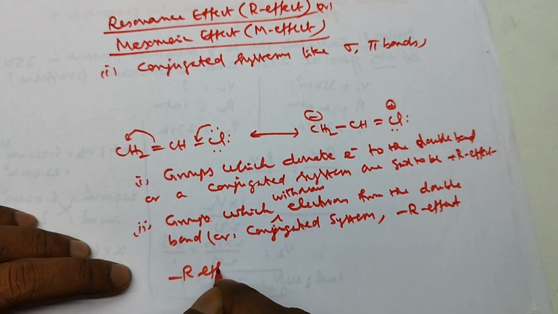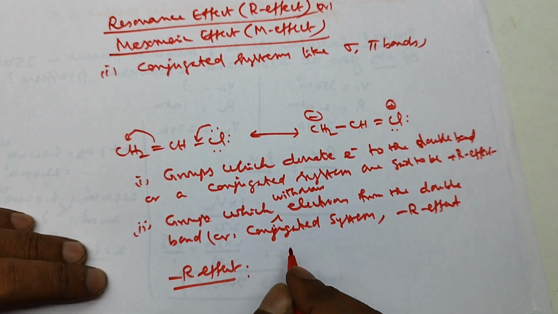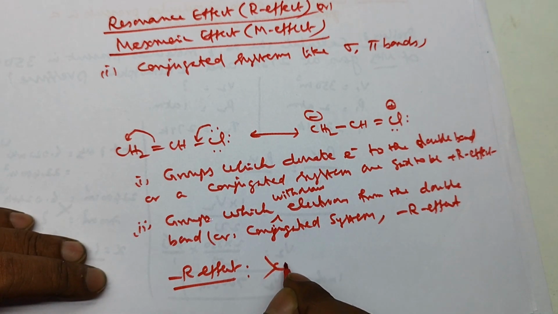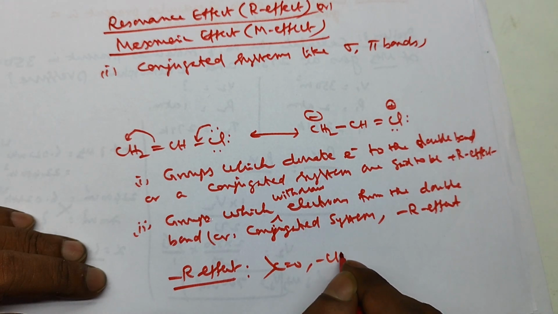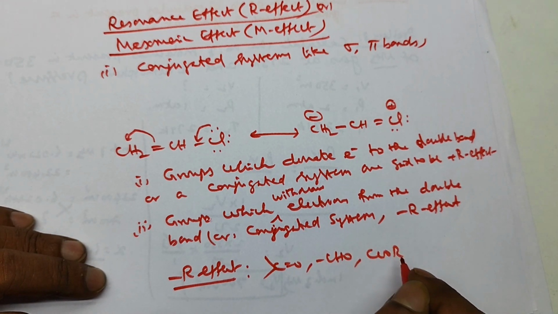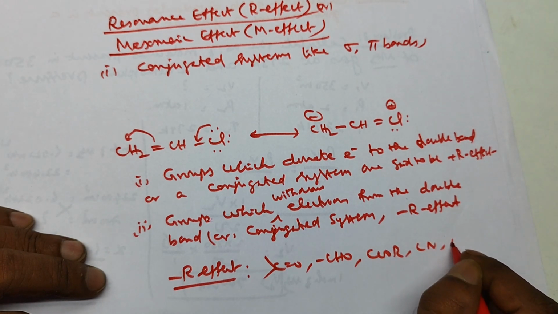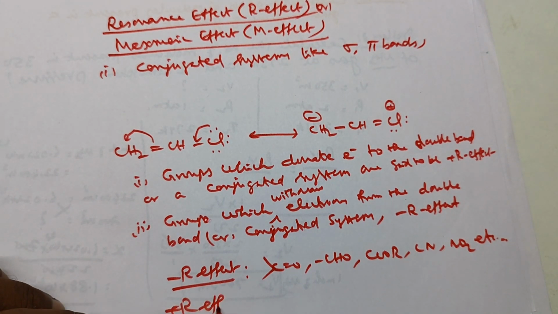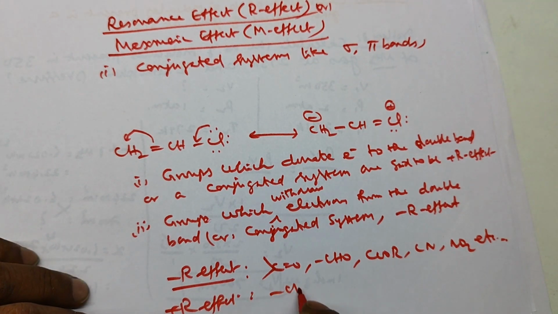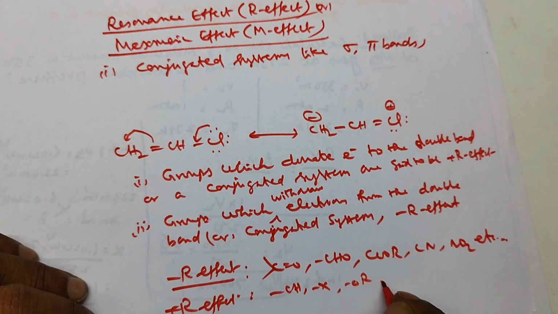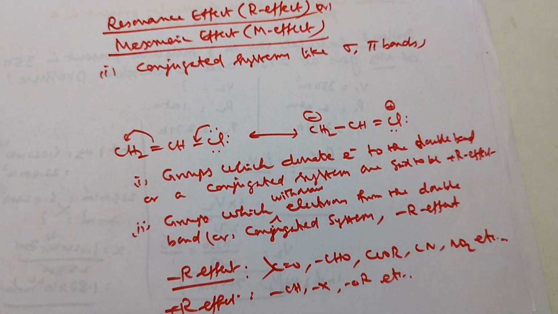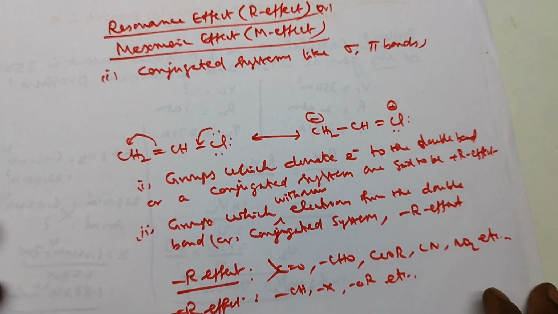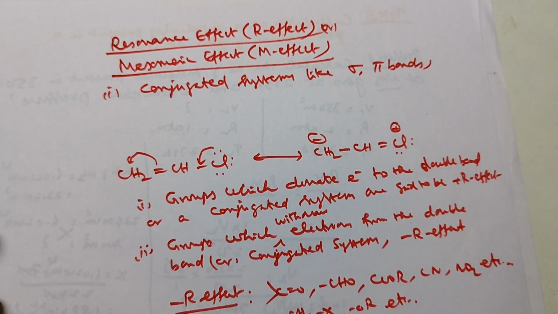The minus R effect groups are C=O, CHO, COOR, CN, NO2, etc. The plus R effect groups are OH, X, OR, etc. So this is the resonance effect, or I can say the mesomeric effect.